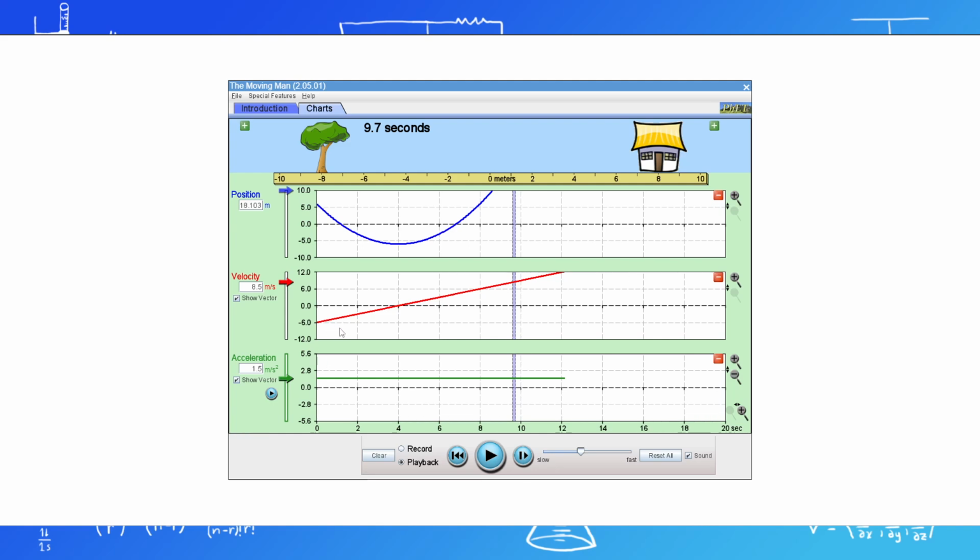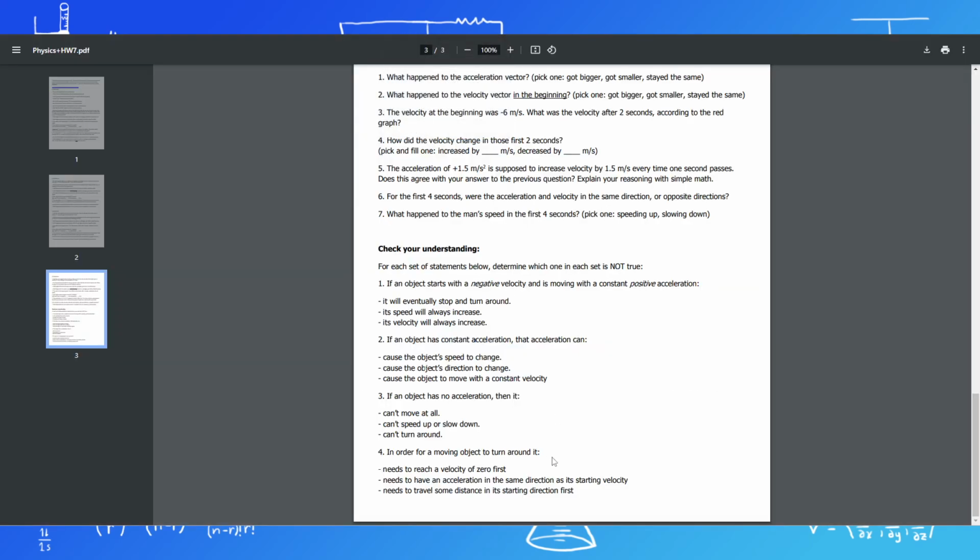And maybe even if it's some sort of weird roller coaster track shaped curve, it might even go outside of that range, but at the very least you can guarantee that every number between those 2 points is going to be visited at least once. Okay, so needs to reach a velocity of 0 first, check.